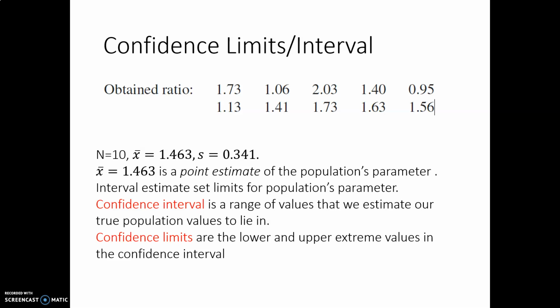So the confidence limits are the lower and upper extreme values in the confidence interval. That's basically the lower and upper boundaries of this range. Okay? So I'm gonna do some calculation to help you better understand these two concepts.